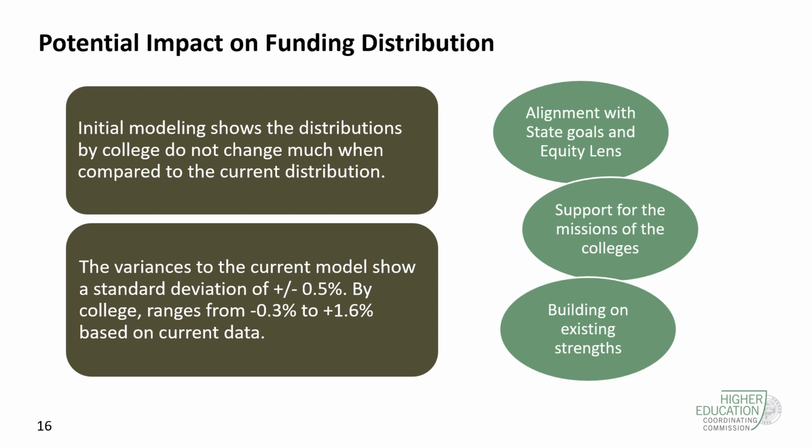But summary, big picture takeaway, what are we trying to accomplish? We're trying to ensure the funding distribution model aligns with state goals, and the equity lens in particular. We're trying to ensure it supports the mission of the colleges with a focus on the community in community college.